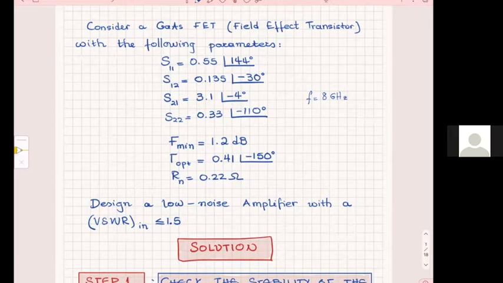For your project or other designs you may have, where you may have a selection of transistors, not just one, then you will have to do a little more work. Because obviously, if you have a selection of transistors, they don't give you one particularly, but they tell you we need a low noise amplifier for this minimum possible noise, and in this particular case for a low VSWR, and then you have to select.